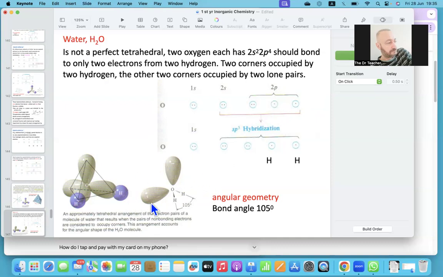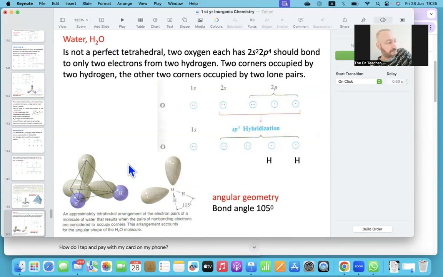For the shape, there is a lone pair and a lone pair: one lone pair at the top, the other lone pair here, and 2 single electrons used for bonding with 2 hydrogens.